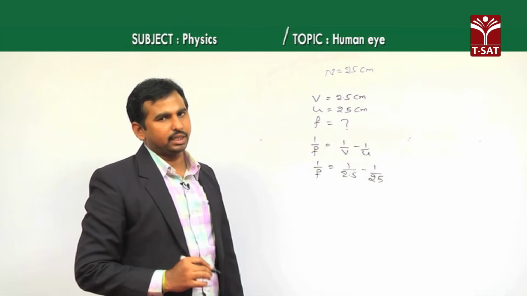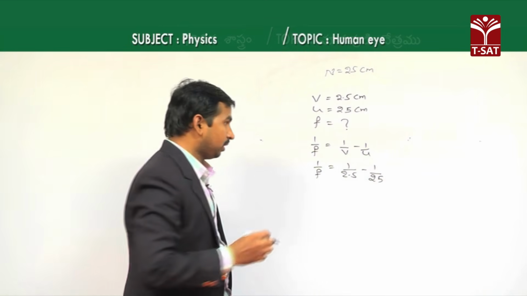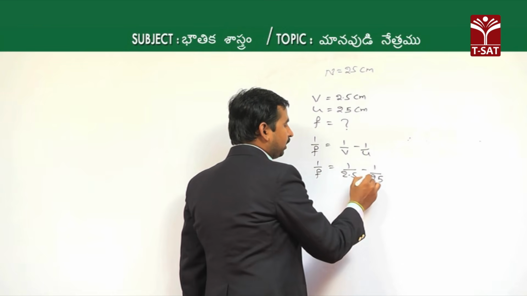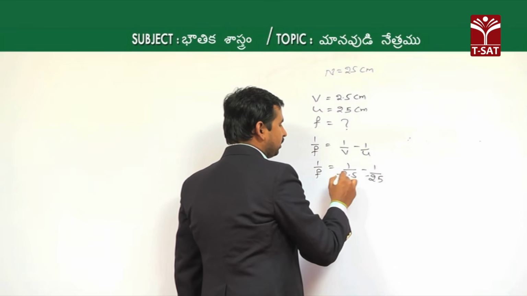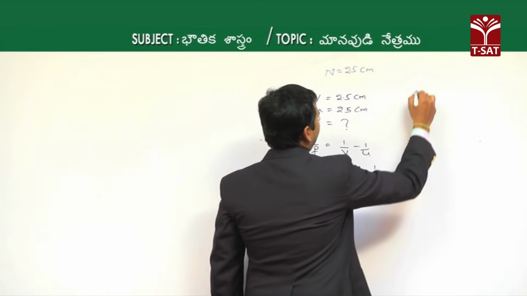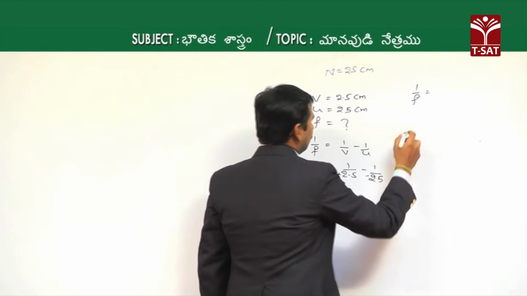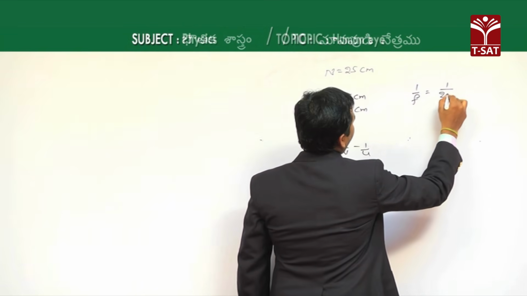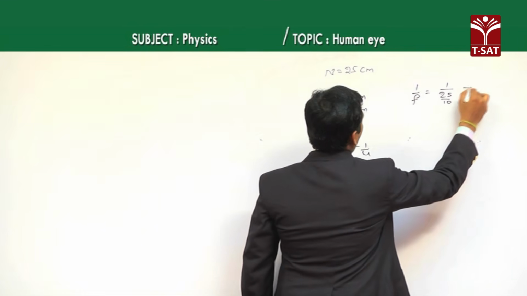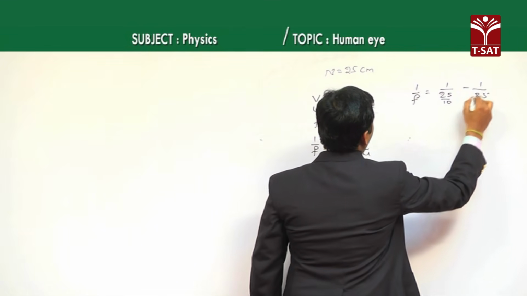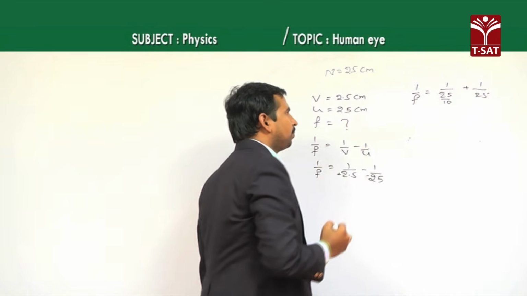And if you apply the sign conventions, which is a very important one, object distance is taken negative here, whereas image distance is positive, then it becomes 1 by f is equal to 1 by 2.5, which is 10 by 25, minus 1 by 25, and minus of minus becomes plus.